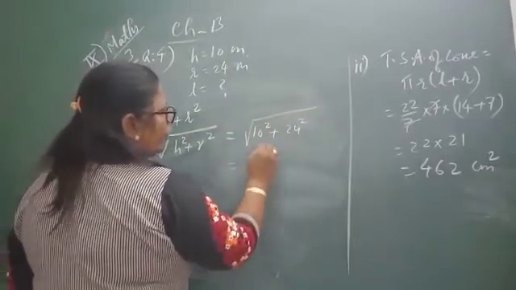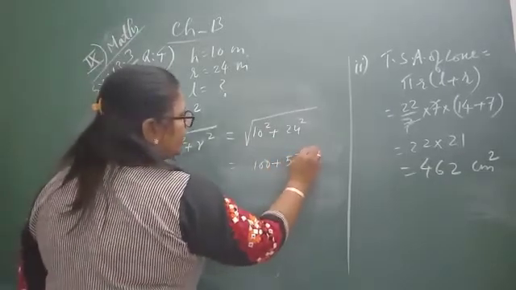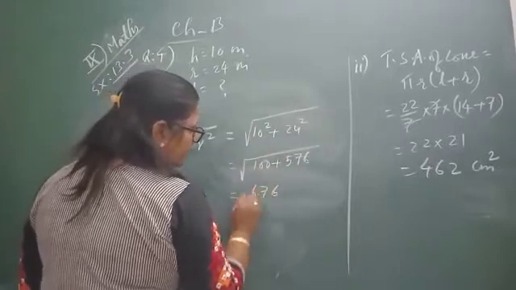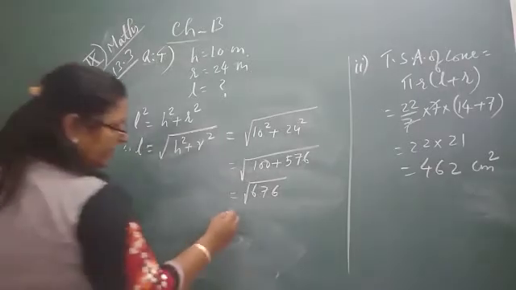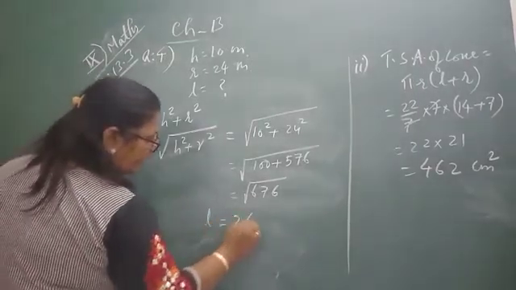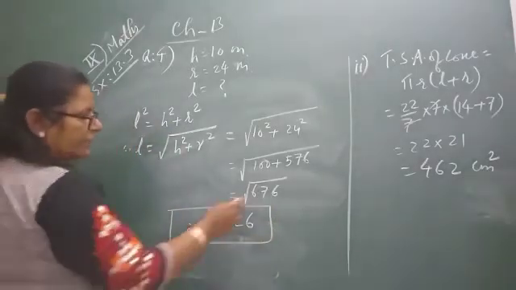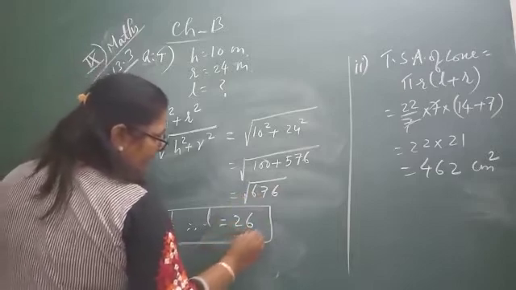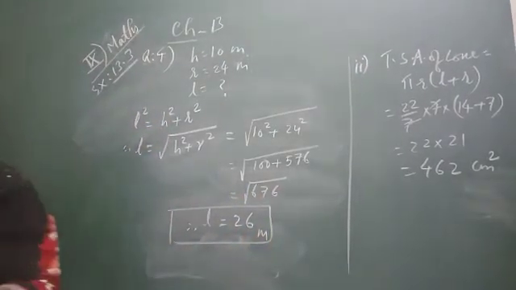The square of 10 is 100 and this is 576. So the total will be 676. So the square root of 676 is 26. If you know the square root directly, fine, otherwise you take the factors and you will get the square root. So 26 meter is the slant height of the cone.